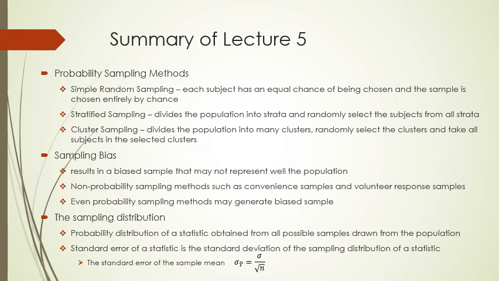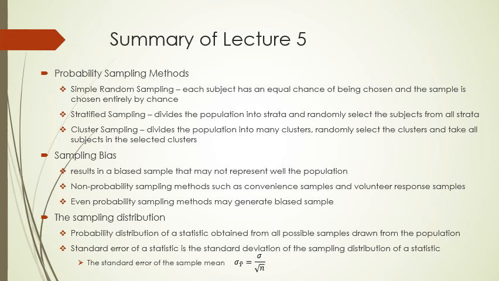If the selected sample fails to represent the whole population, then even probability sampling methods may generate a biased sample. The sampling distribution is the probability distribution of a statistic obtained from all possible samples drawn from the population. The statistic may differ from one sample to another sample.